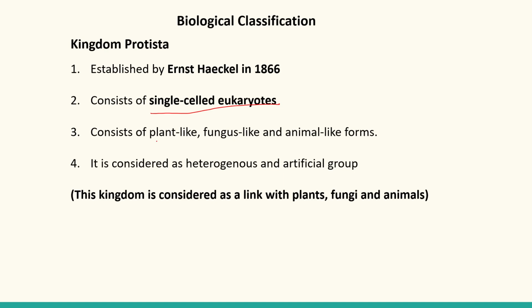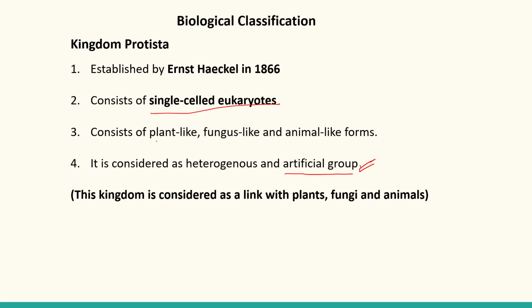So it is considered a heterogeneous and an artificial group. Why is it called an artificial group? Because this is not a pure form of a particular organism. In this kingdom, we are keeping fungus-like organisms here. We are keeping animal-like forms like protozoans, those are also called single cell animalcules, amoeba for example.